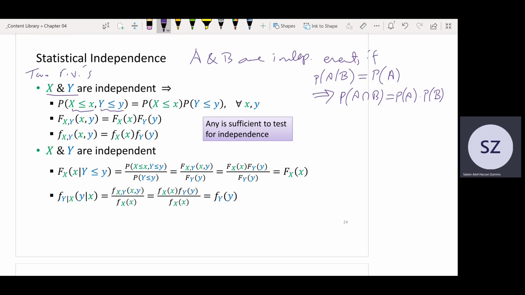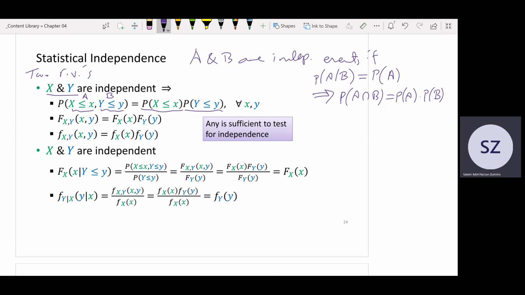Now, X and Y are independent if the joint probability of X being a number and Y being a number equals the product of the probability that X is a number multiplied by the probability that Y is a number.